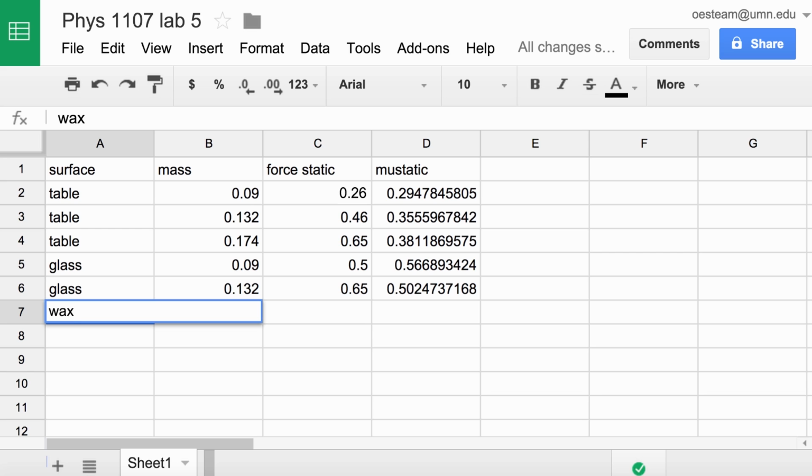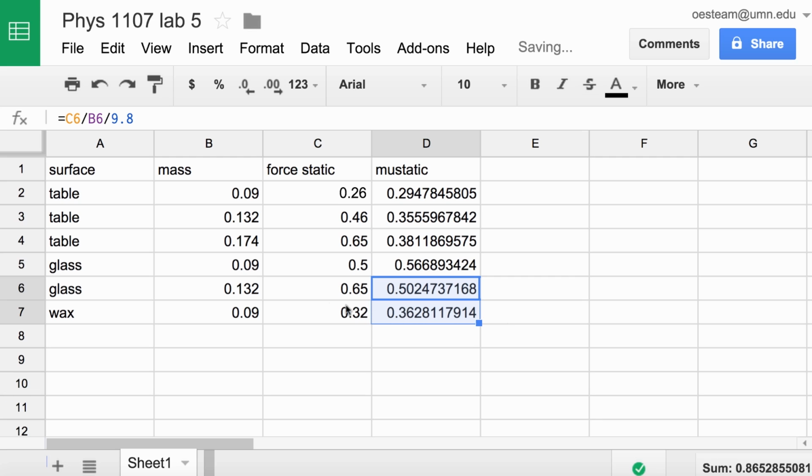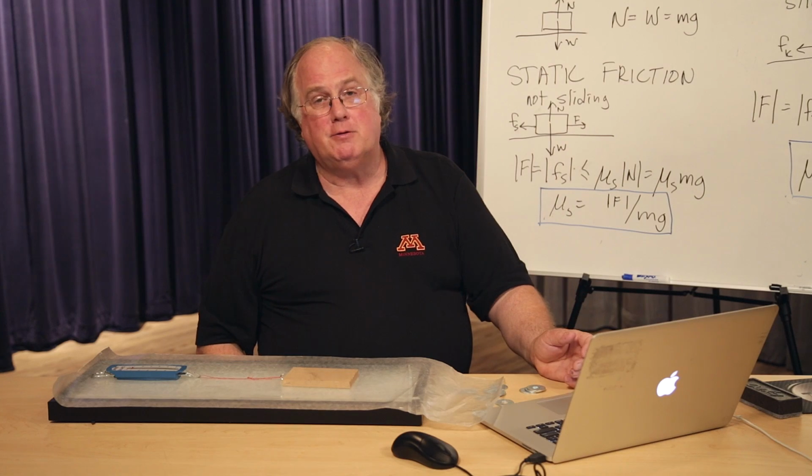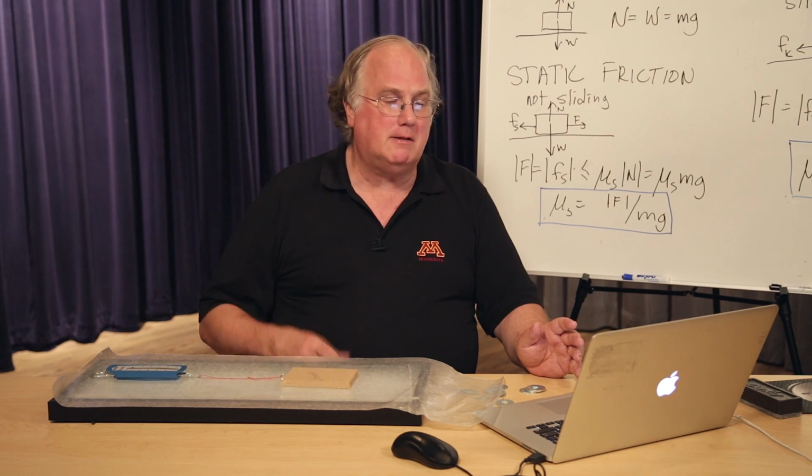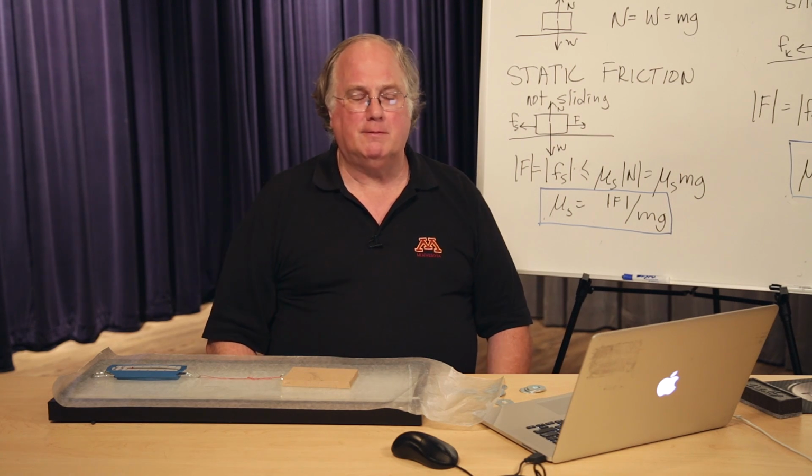The mu s for that one works out to be 0.36. And it's a lot less than the glass was. I encourage you to try several different surfaces, try several different weights, see if you can get consistent results on these things, and just try at least 3 surfaces and 3 different weights for each.